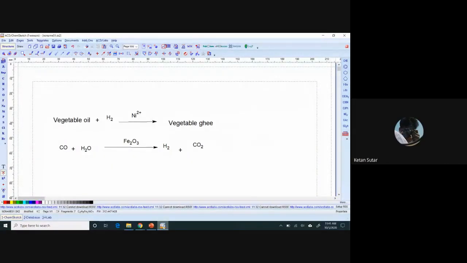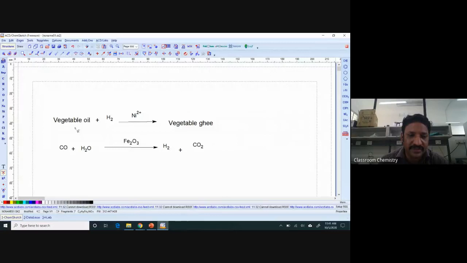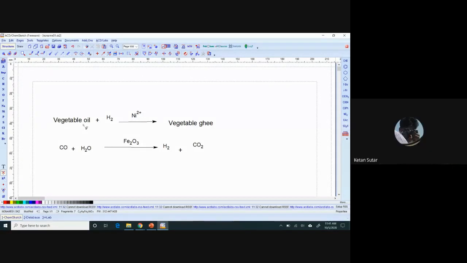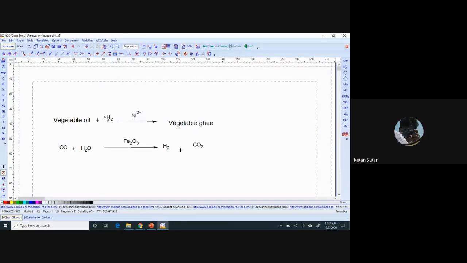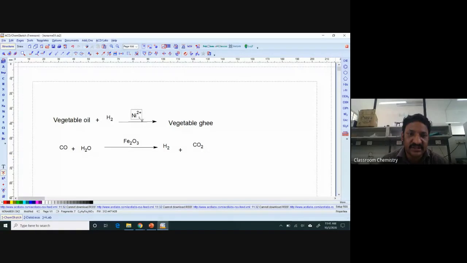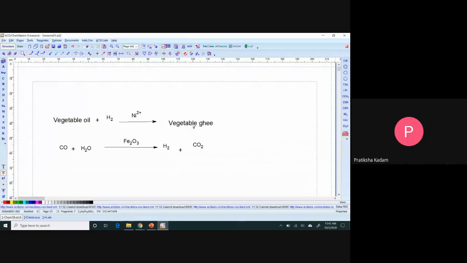Homogeneous catalyst. So vegetable oil is in which form? Liquid or solid? Liquid. Hydrogen gas is in which form? Gaseous. Nickel is solid state. Okay. And your compound form, it is also in what? Solid state. So it is homogeneous or heterogeneous? Homogeneous.